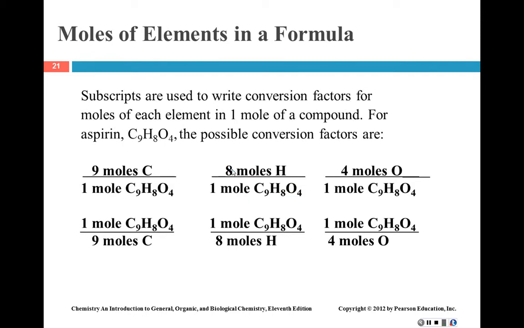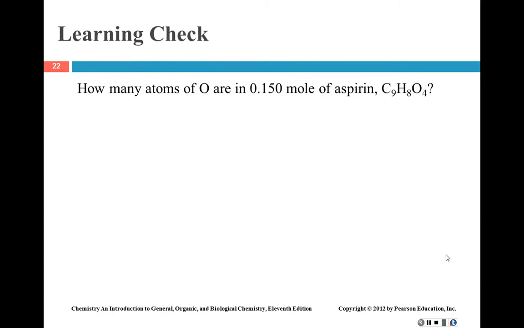And so that gives us a whole slew of conversion factors: 9 moles of carbon in each mole of aspirin, 8 moles of hydrogen, and 4 moles of oxygen in each mole of aspirin. And of course you can always flip those over, because those are equalities.